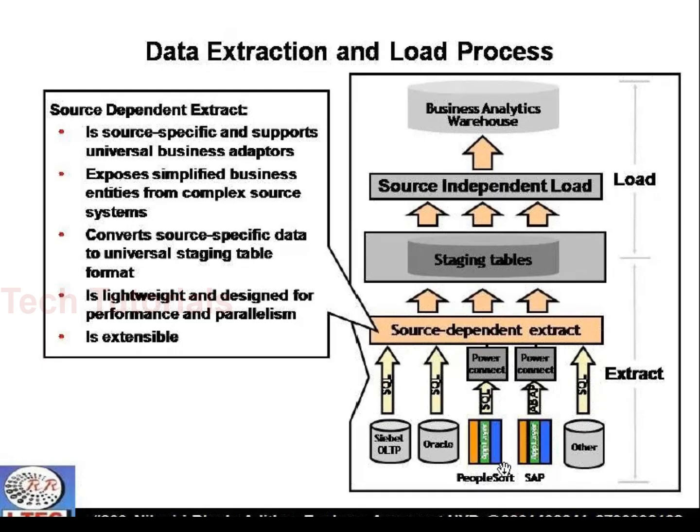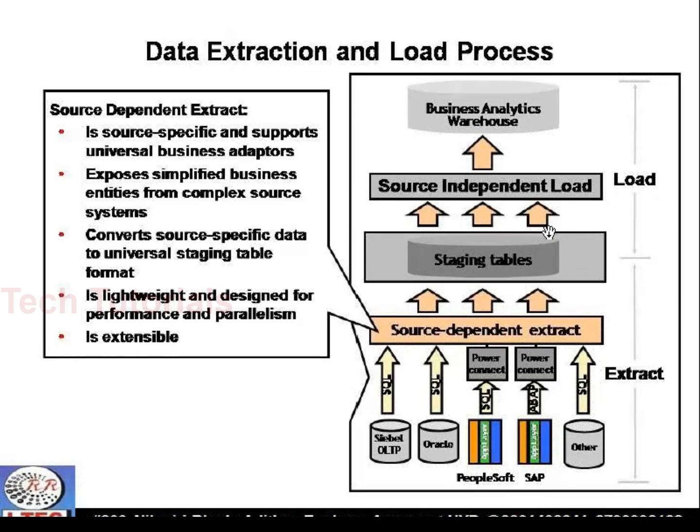End of the day, data is moving initially to the staging table. Let us say in the staging table I have one table called D1_products. It may be coming from Siebel, it comes to D1_products only. It may be coming from Oracle, it comes to D1_products only. That means end of the day, I have only one table, D1_products.